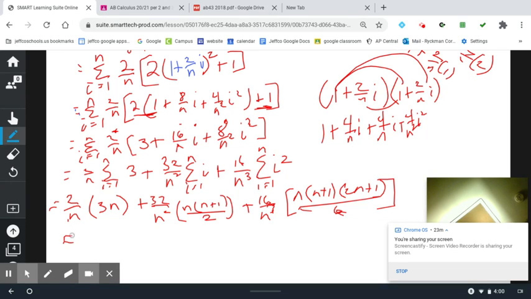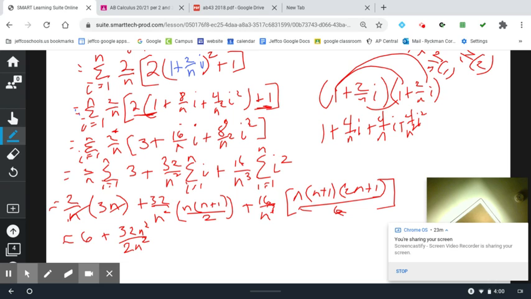Roughly then, this is 6 plus, when I'm just trying to prep for taking my limit, this next one would be 32n squared and stuff over 2n squared.